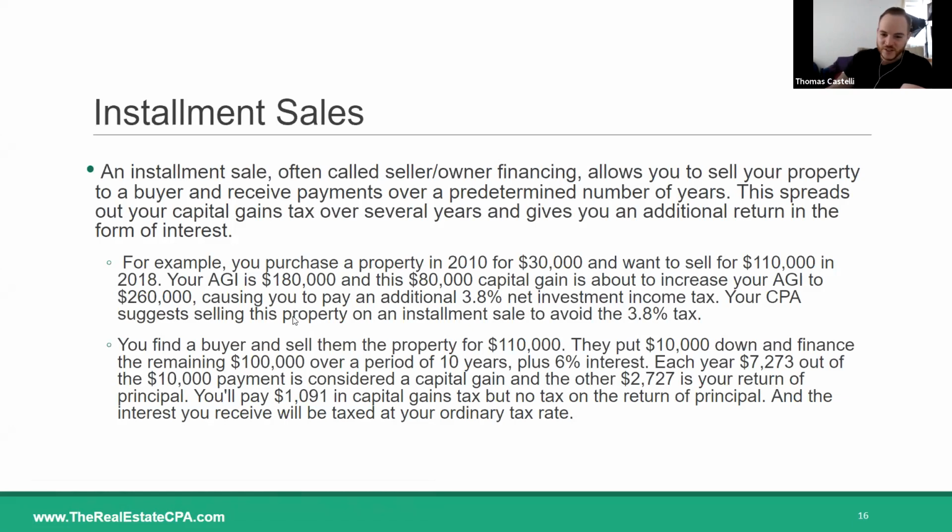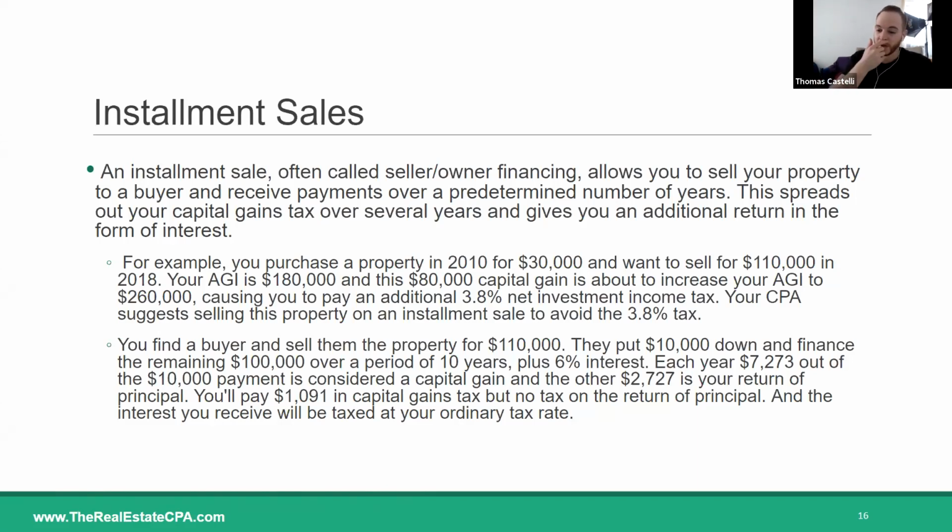Your CPA suggests that you sell this property on an installment sale to avoid this additional 3.8% tax. So you go out, you find a buyer, and sell them the property for the full $110,000. They put $10,000 down, so they give you $10,000 up front, and they finance the remaining $100,000 over a 10-year period plus 6% interest.